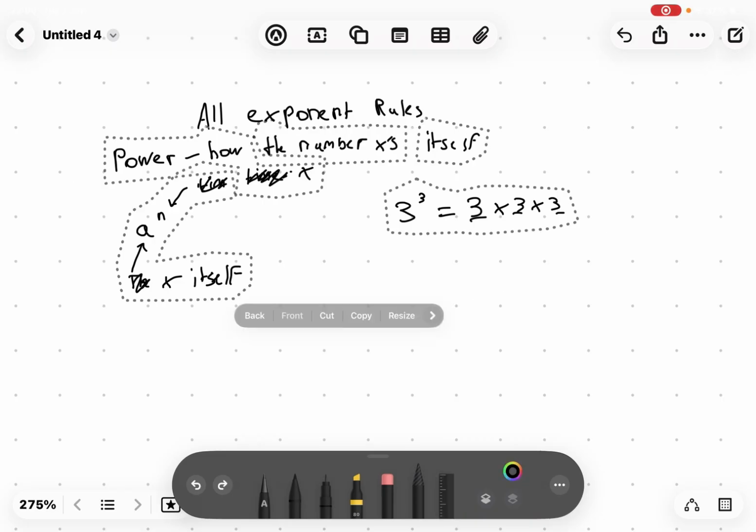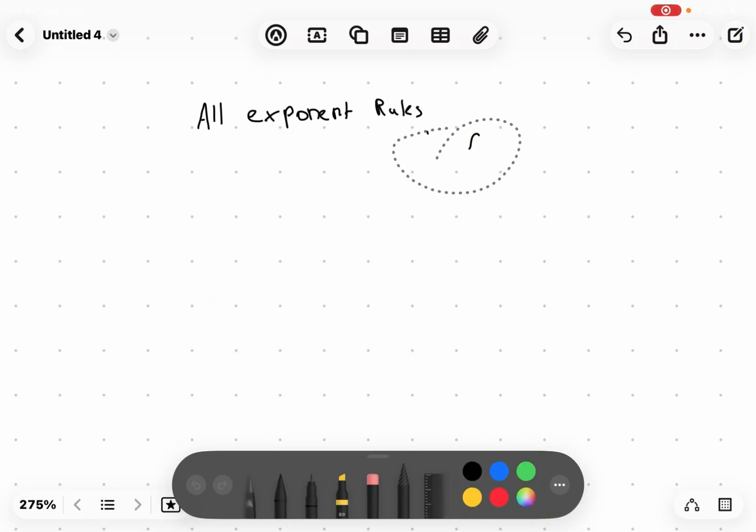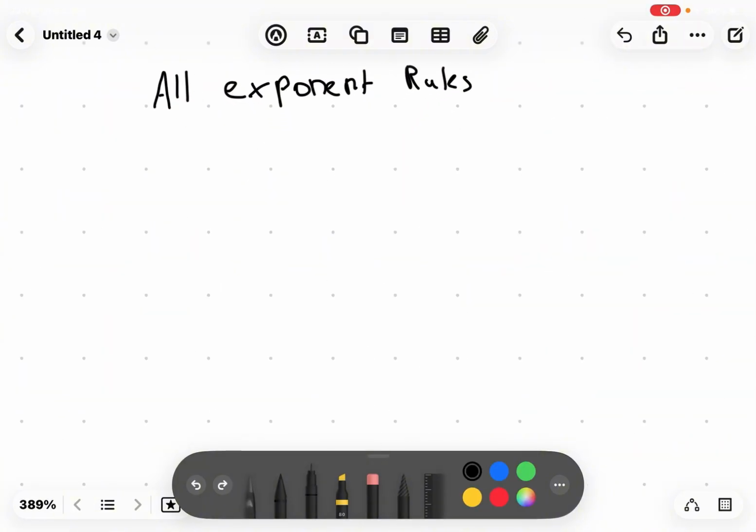Let's go on to the actual laws or rules. The first rule is the product of powers.